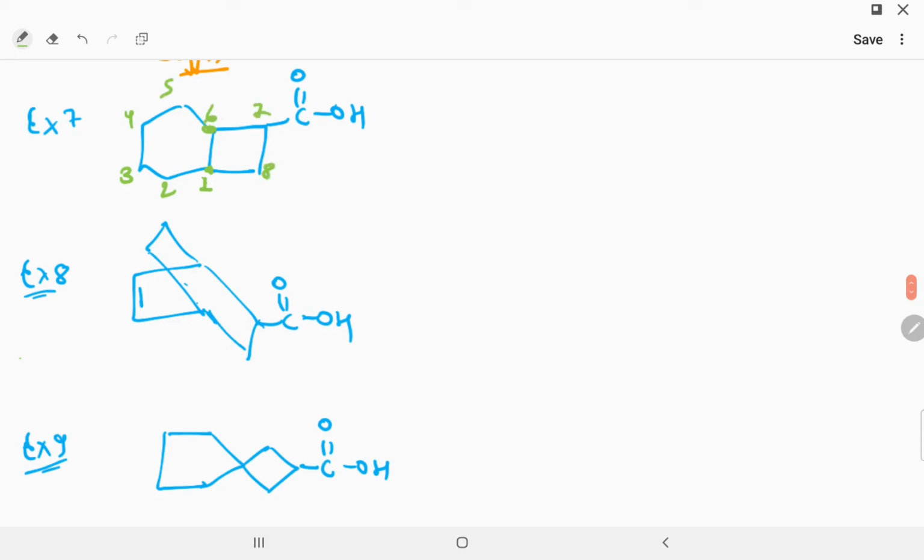After choosing like this, we give the functional group the minimum number. So in this we say bicyclo, large ring carbon, small ring carbon: 4,2,0 octane, 7-carboxylic acid.